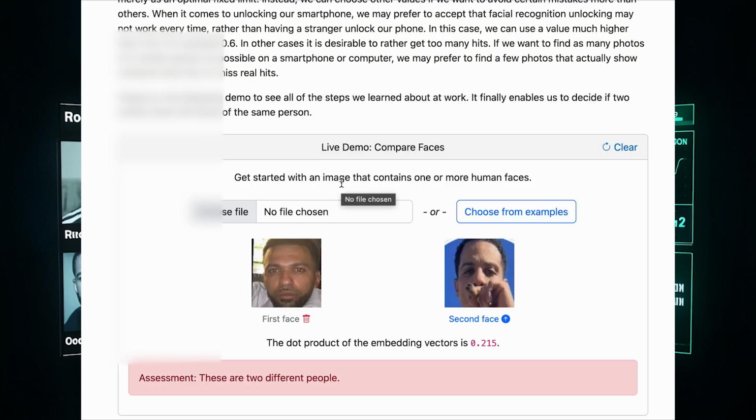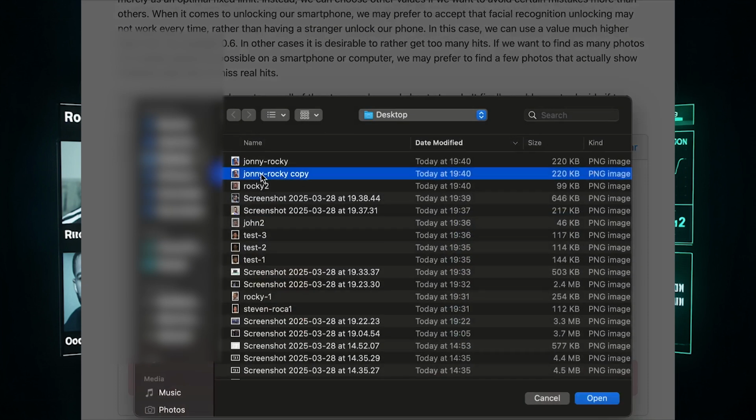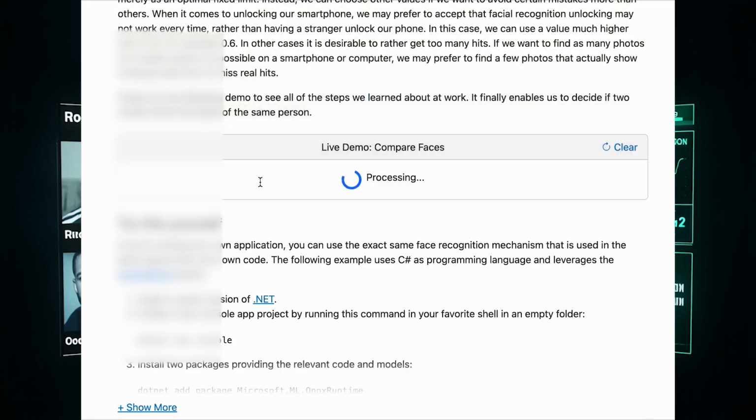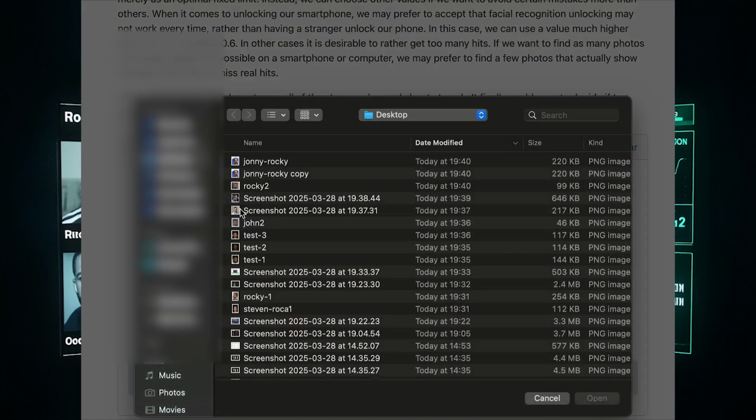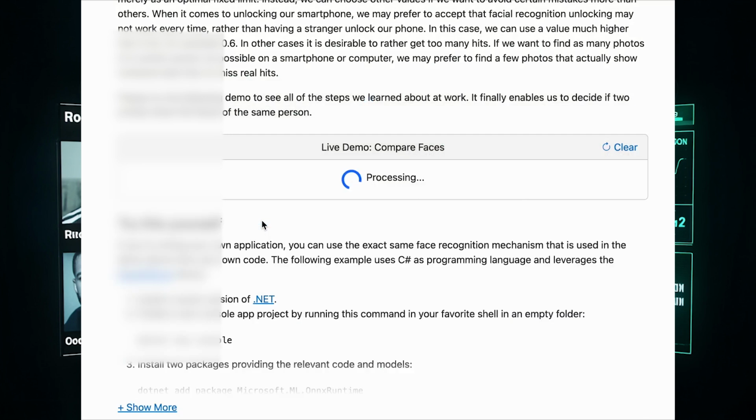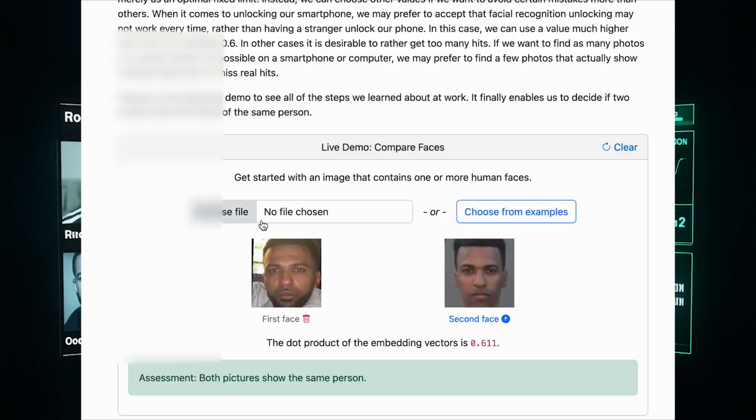So while this video plays on loop, just keep an eye on the uploads and the similarity scores being shown. You'll see that when we run Rocky's face against photos of Steven Rocas, the system gives us a number. That number tells us how likely it is that they're the same person, and it's based on real, mathematical evidence, not just guesswork.